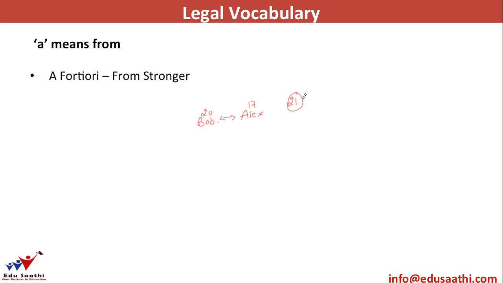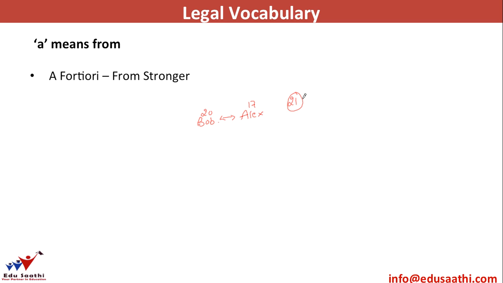What I mean is that since we have a stronger reason, that is, Bob is not eligible, it is very imminent that Alex will also not be eligible to apply for the examination. Why? Because he's even younger than Bob. So, Alex is not eligible to apply for the examination a fortiori.